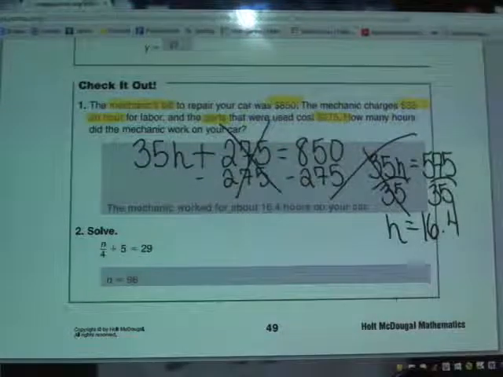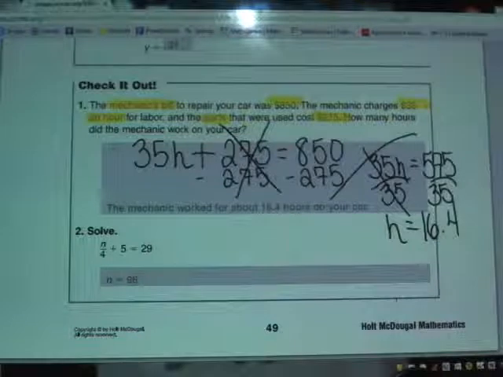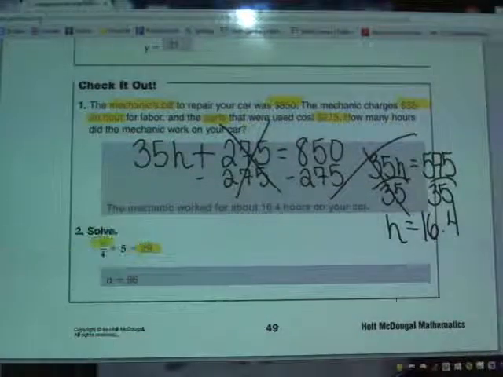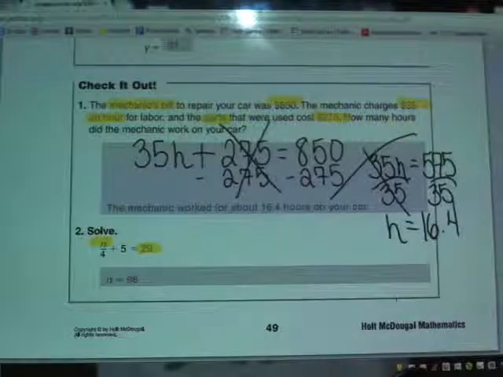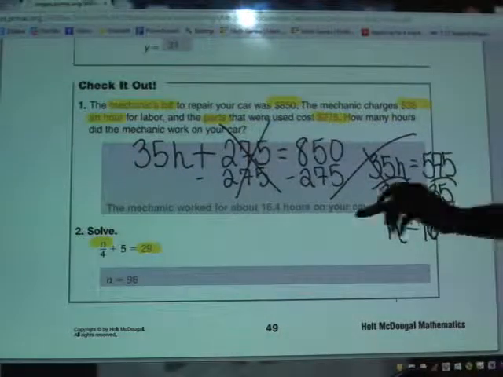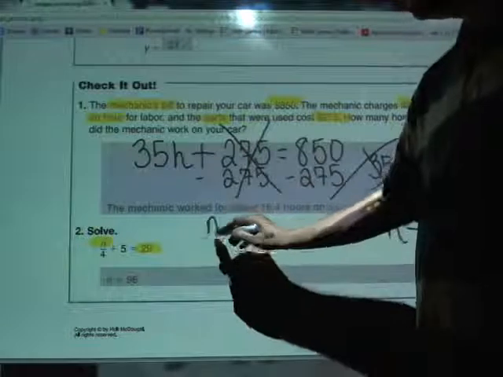So we're going to say to ourselves, variables on the left, n, which is proper, and numbers on the right, 29, which would also be proper. So the two things we know we want to move here are 4 and 5. Well, we know that the thing that's directly connected to the variable, this time the 4, connected by division, is the last thing to go, which means 5 is going to have to be the first thing to go.